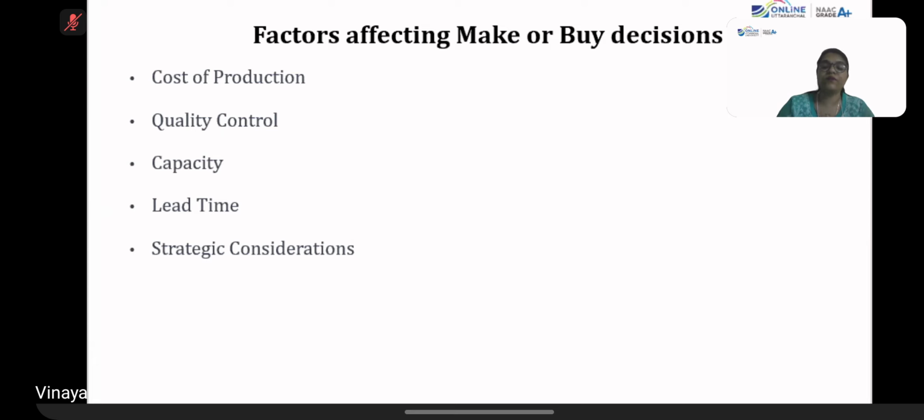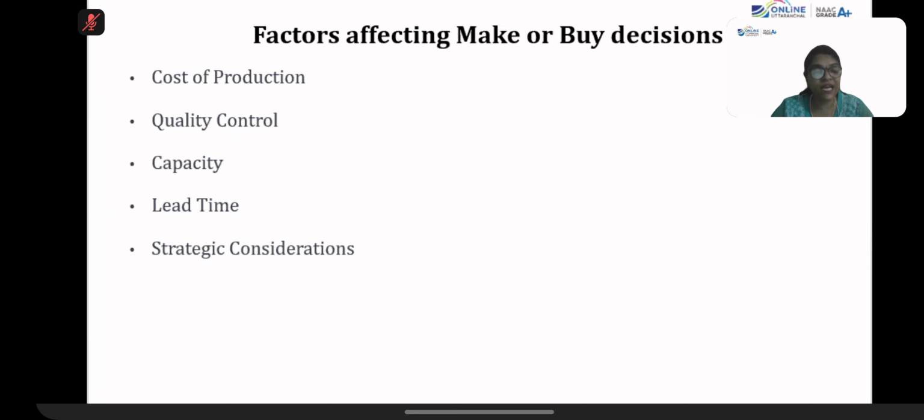Correct. Then comes capacity. A company's production capacity is a key consideration, students. If there is excess capacity for producing in-house, meaning you have the capacity to produce that much, then yes, go ahead with producing and making more attractive products. But if your company's capacity is full, you can buy it from outside without overloading your internal operations.